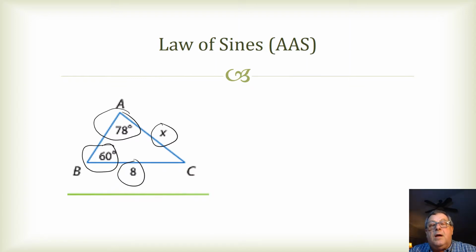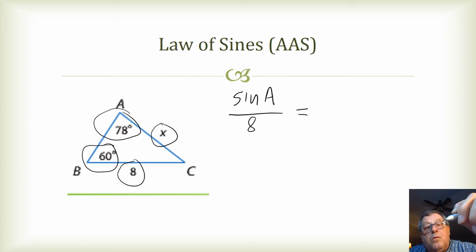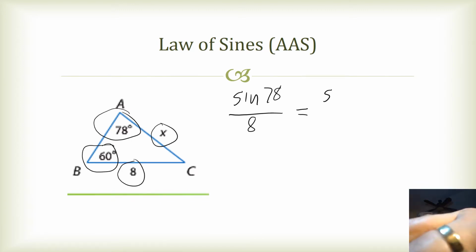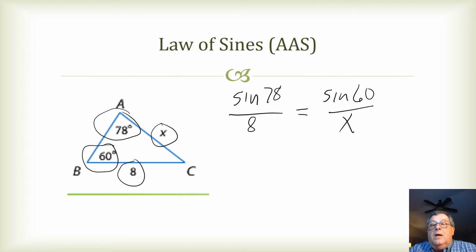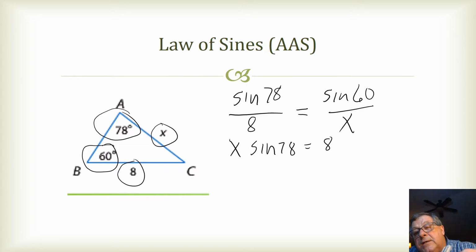First we'll set up the ratio of sine A to the side opposite. So we got the sine of 78 over 8, and that's going to equal the sine of 60 over X. And we can do a little cross multiplication, and then we got X times the sine of 78 equals 8 times the sine of 60.